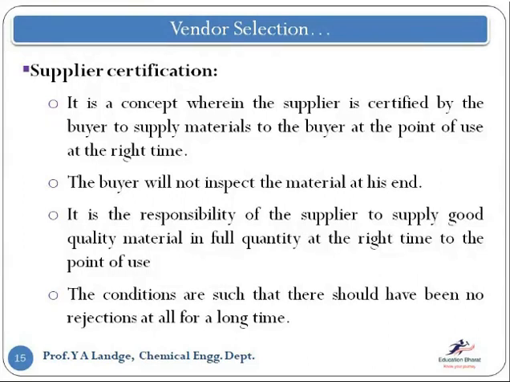When there is an ISI mark, for example, you are buying a water bottle. A water bottle, the mineral water bottle we can call. It may be Bisleri, it may be Kinley or many more. Now when you buy the Kinley or Bisleri water bottle, you see the ISI mark is mentioned in the square. But when you buy the same water bottle from the local market, you see there is no ISI.